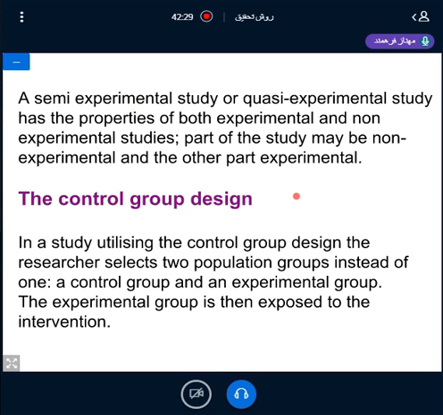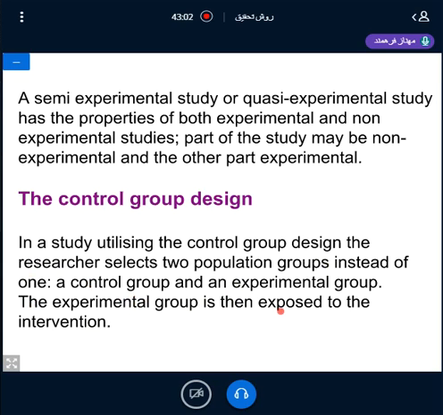And you have the control group design that is very important in your research. In a study utilizing the control group design, the researcher selects two population groups instead of one: a control group and an experimental group.